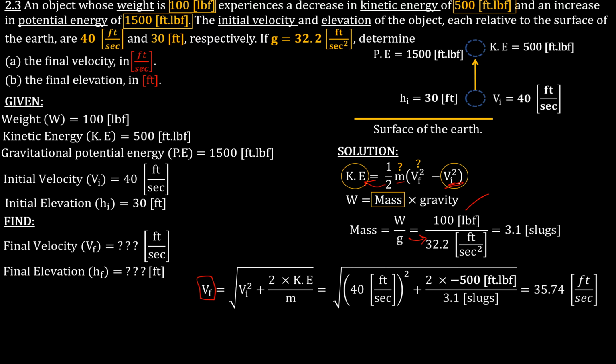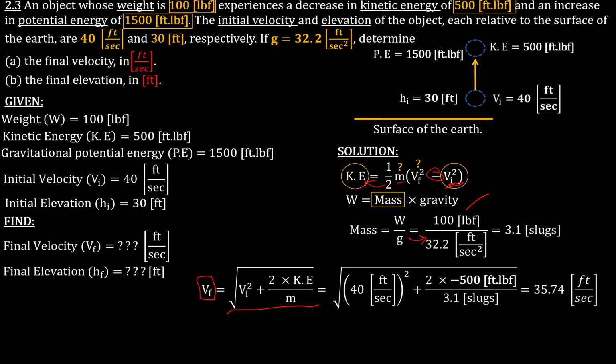When it moves to the other side, the negative will convert to positive, and that's what we have in here. And to get rid of the square, we take the square root of both sides of the equation. All right.